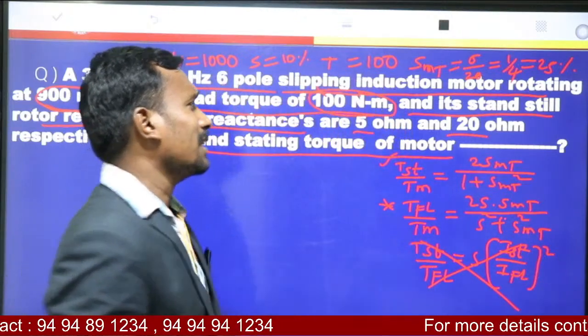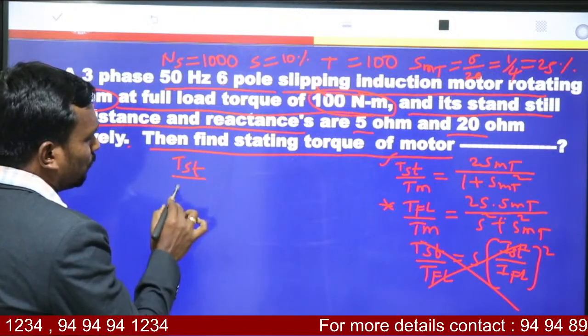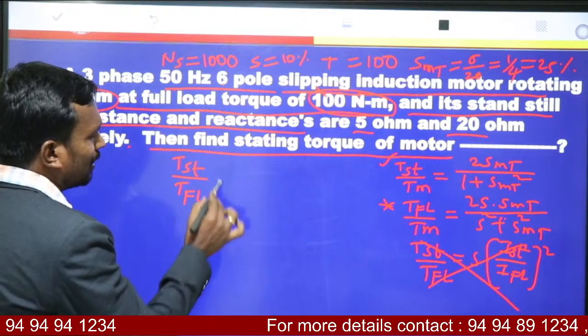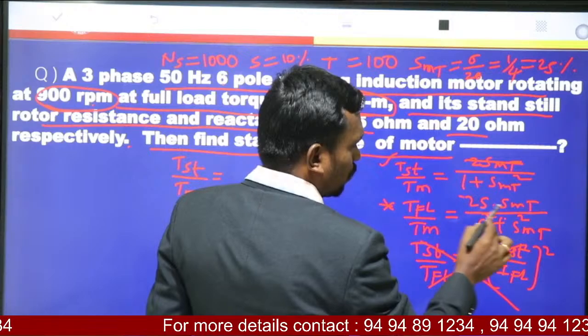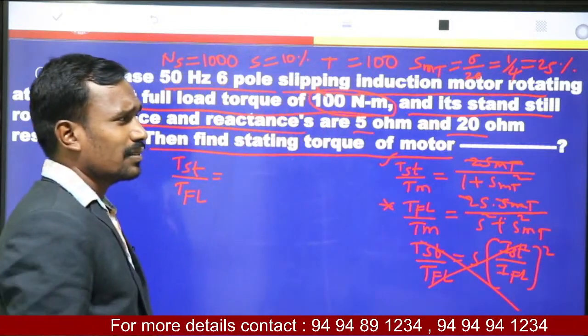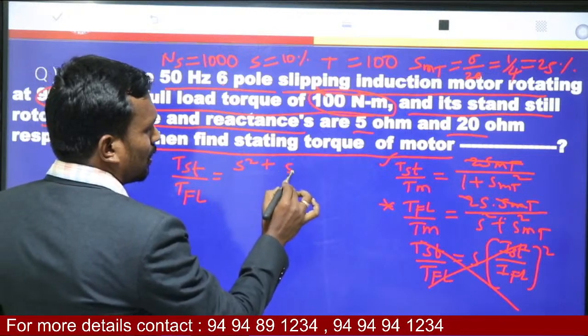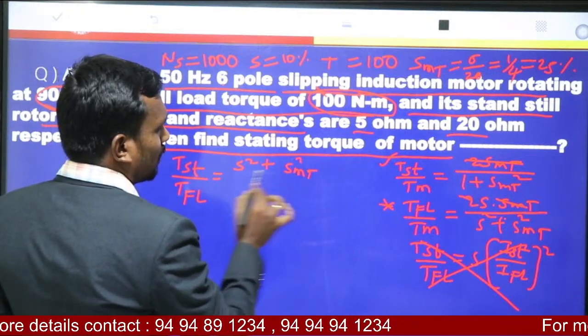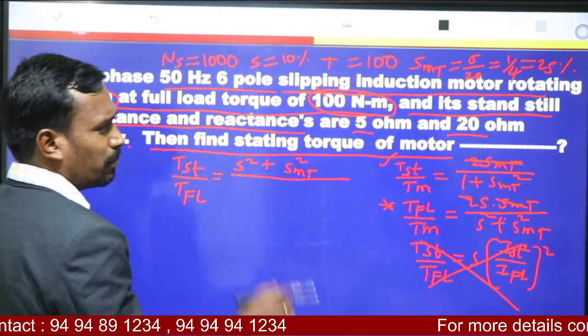We have to calculate our required formula, the starting torque to the full load torque. So 2 into SMT gets cancelled. Then what is the answer here?